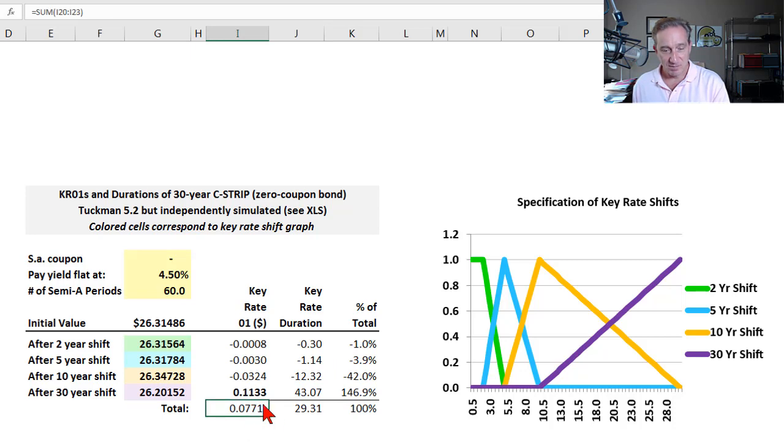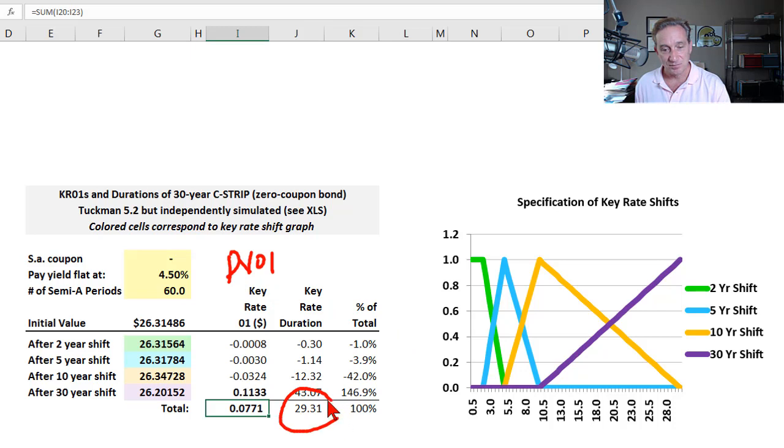So if I come back here to the summary, the summation here, that's significant because if I add these together, then visually what I've done is I've shocked all the key rates per this rule simultaneously, which again shifts the entire term structure in parallel by 1 basis point, such that the summation here of these key rates, we should expect it to equal the DV01 or it should be very close to the DV01. Actually, we wouldn't expect it to be exactly the same, but it should approximate the DV01.